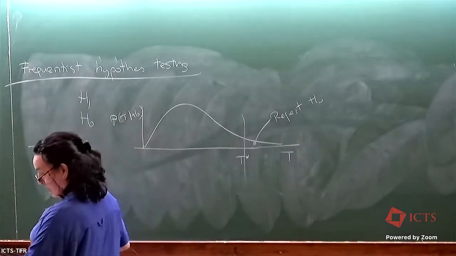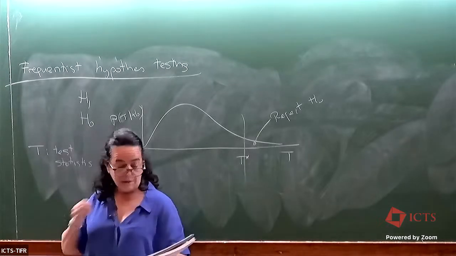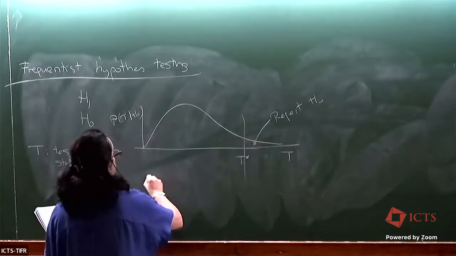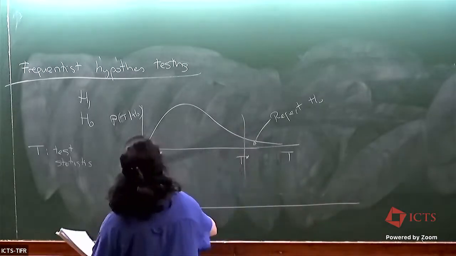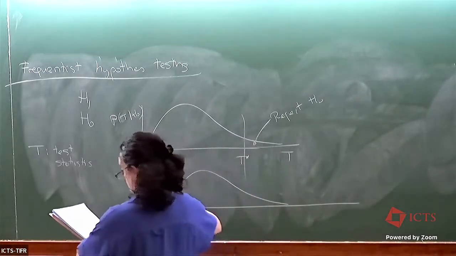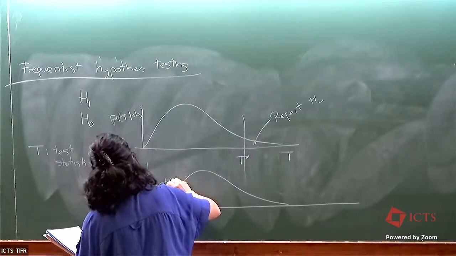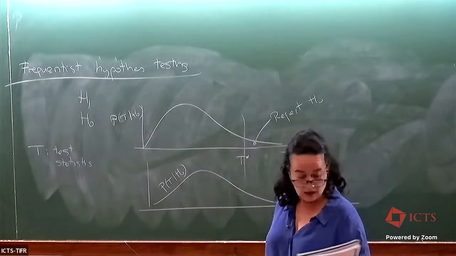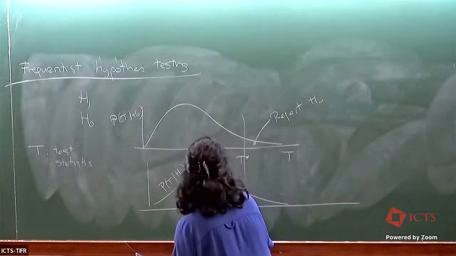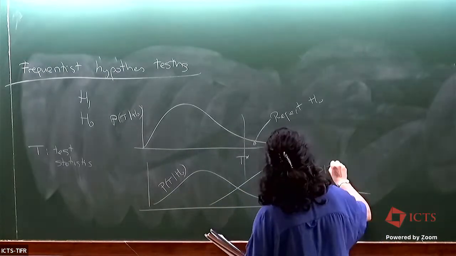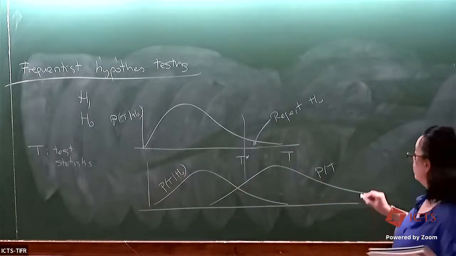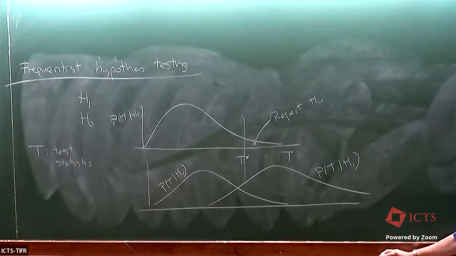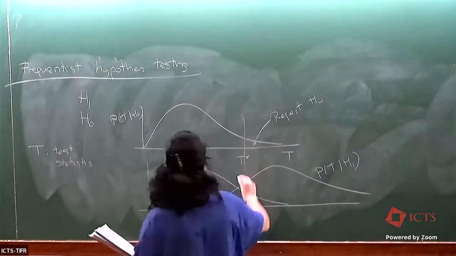So if I know, for example, what I'm searching, I can not only draw here the probability of the outcome of the test given my null hypothesis, I can also characterize the probability of the outcome of my test given the signal hypothesis. And then this was my threshold.